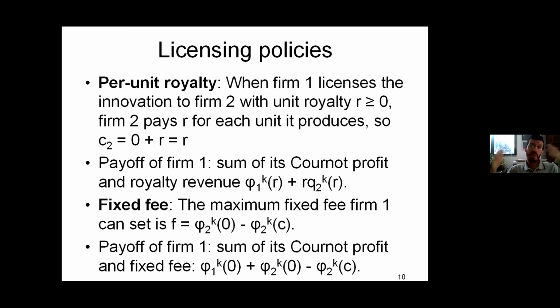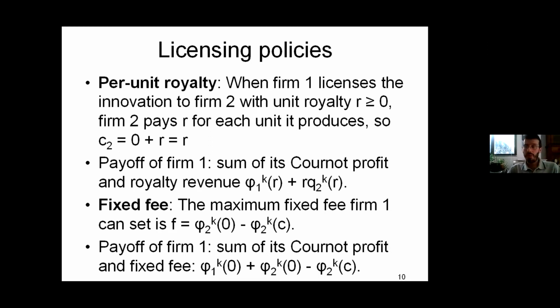The strategic interaction between firm 1 and firm 2 is the standard one. It is a 3-stage licensing game, where in stage 1, the patentee decides whether or not to license the innovation to firm 2, and in the case of licensing, whether to use per unit royalty or to use fixed fee.